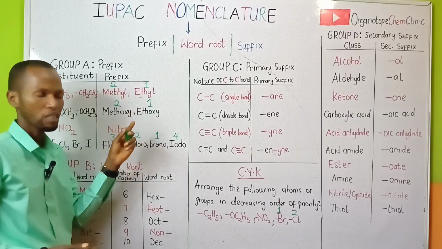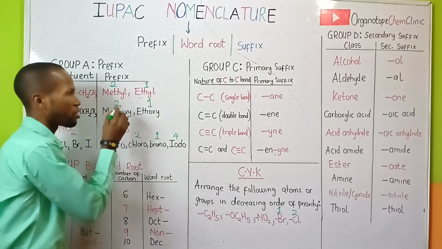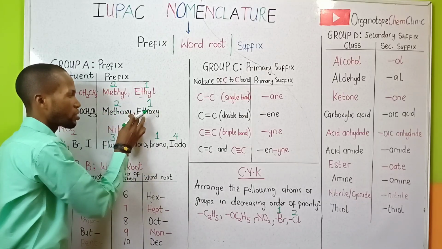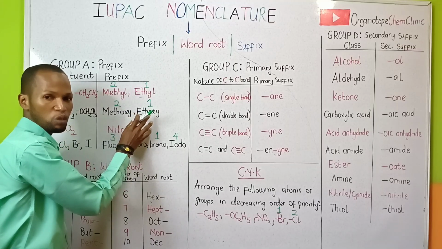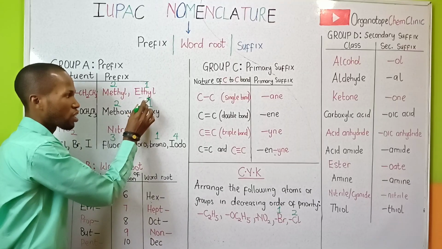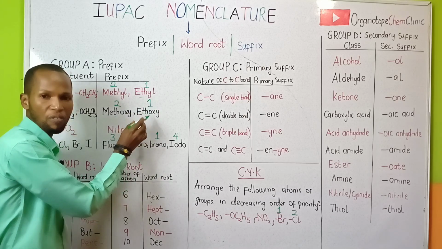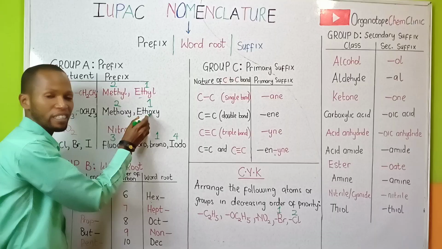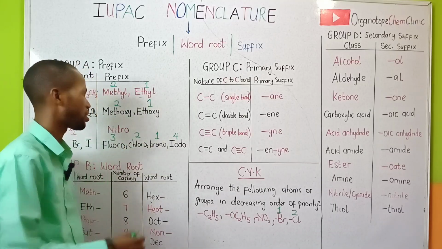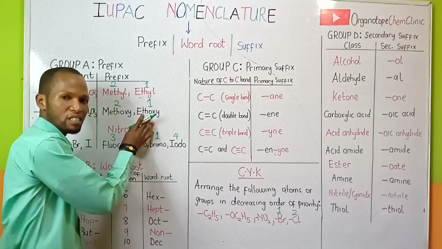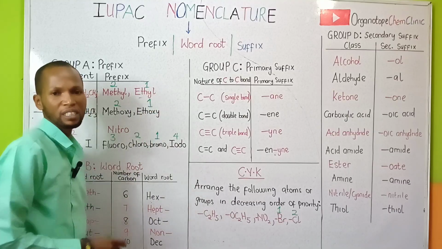E. But we need to look at this closely. We have the E, T, H, which is similar to both groups, but the next alphabet after H is Y right here, while the next alphabet after H here is O. So which one comes first? That's right, the ethoxy comes before the ethyl.